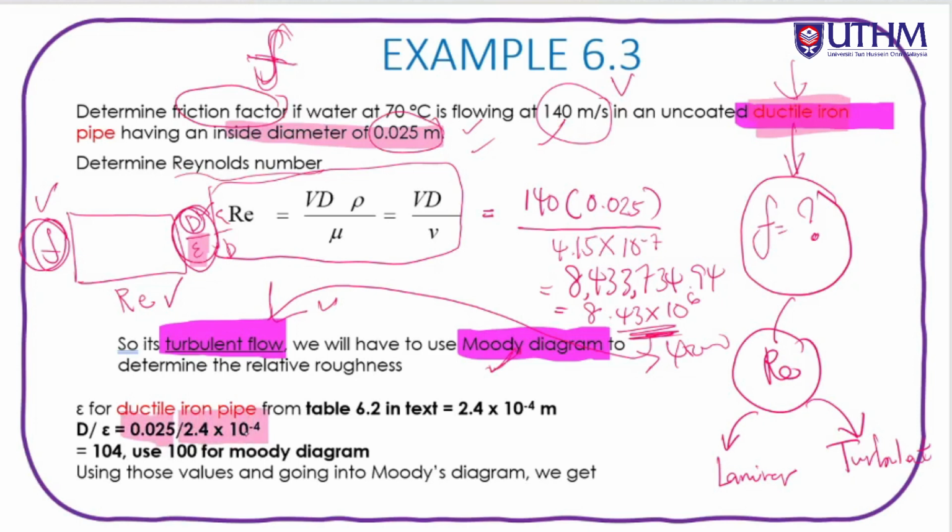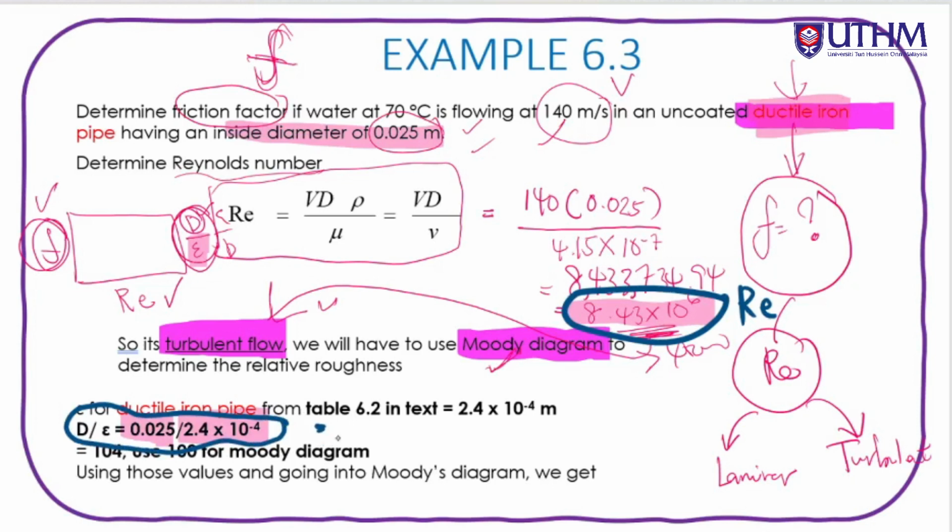Lepas tu kita akan guna this value at 0.025 dengan at Reynolds number ni. Kita guna Reynolds number ni, Re, dengan kita guna this value D over E ni. Yang ni sama dengan berapa?